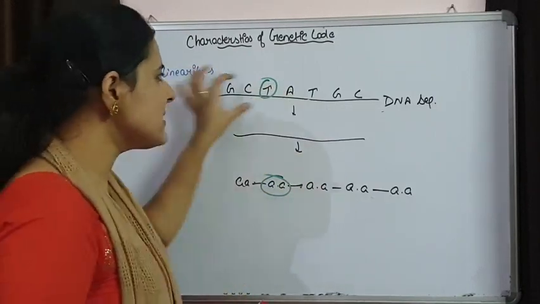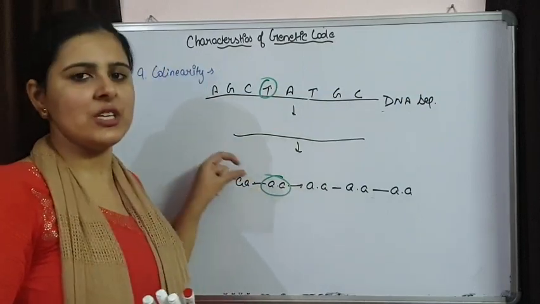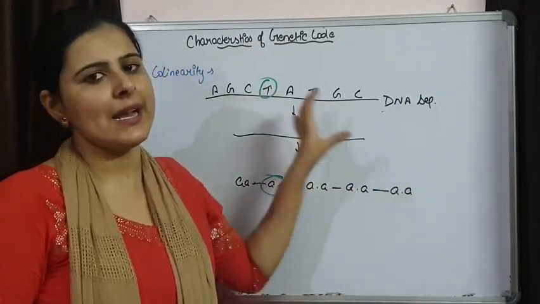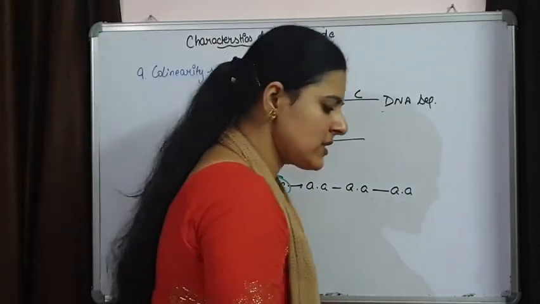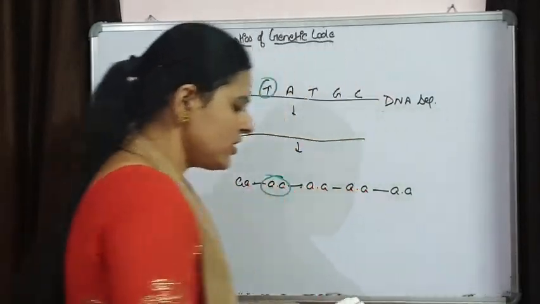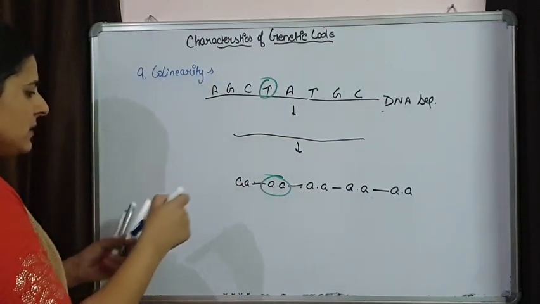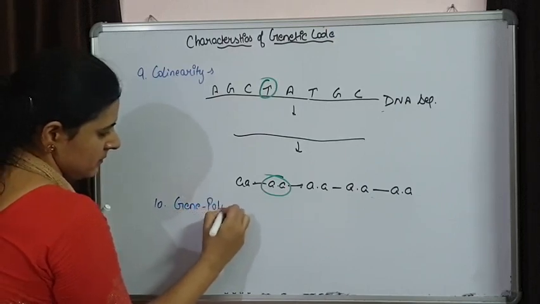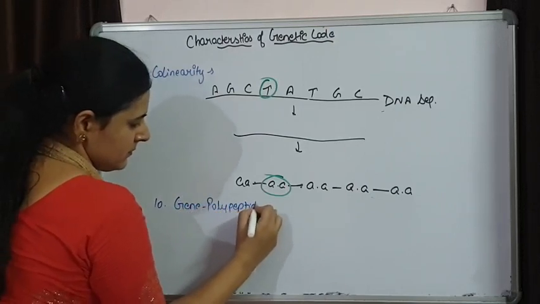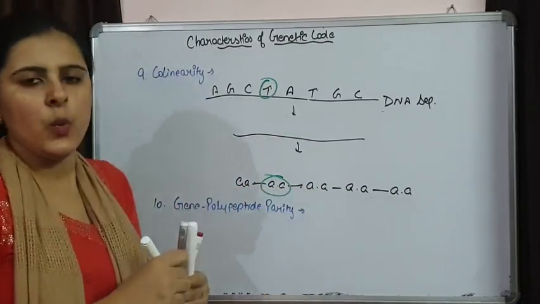If any change is taking place in the DNA sequence, that is leading to a change in the polypeptide sequence at the same place. Another characteristic of genetic code is gene polypeptide parity. What does it mean?